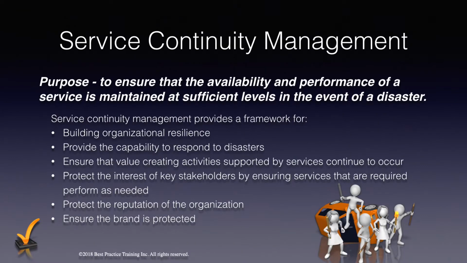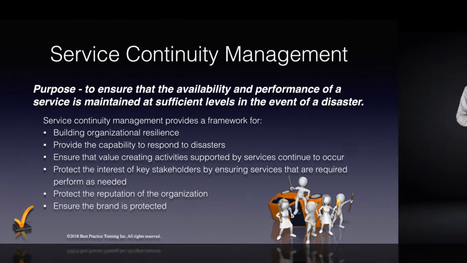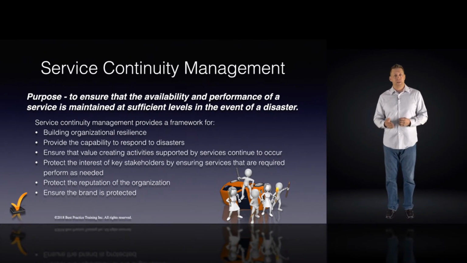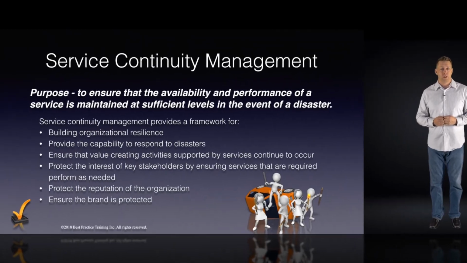The purpose of the service continuity management practice is to ensure that the availability and performance of a service is maintained at sufficient levels in the event of a disaster. As with many of the other practices, service continuity management relies on understanding what's important to the consumers and the needs of the organization as a whole.